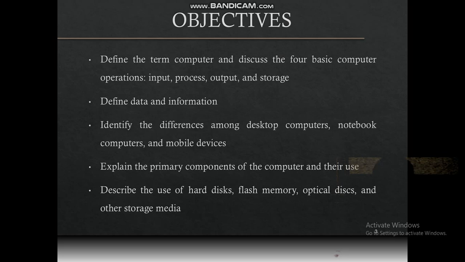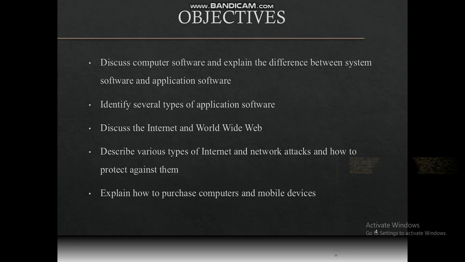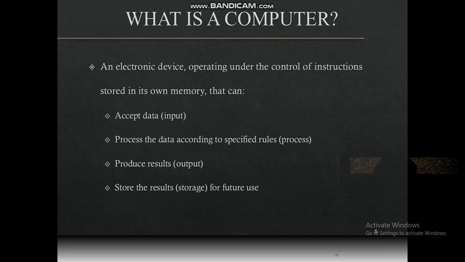We will also be explaining the primary components of a computer, and describing the use of hard disk, flash memory, optical disc, and the storage device media of the computer. We will also discuss computer software and the difference between system software and application software. We will be identifying several applications of computer.